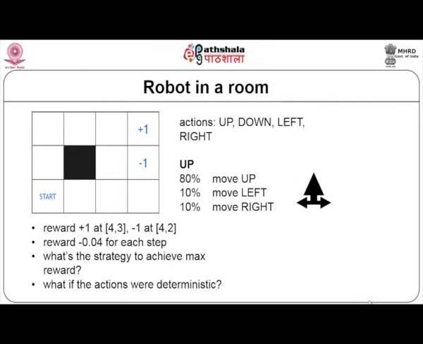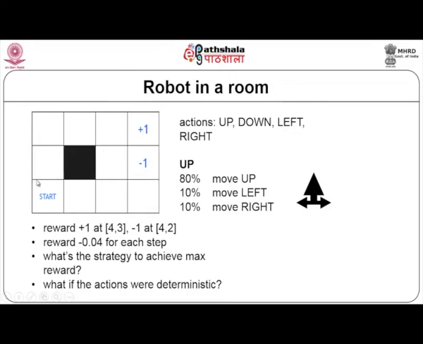So, it starts here, at 0. The grid positions are 1, 2, 3, 4, with the rewards at 4,3 and 4,2.